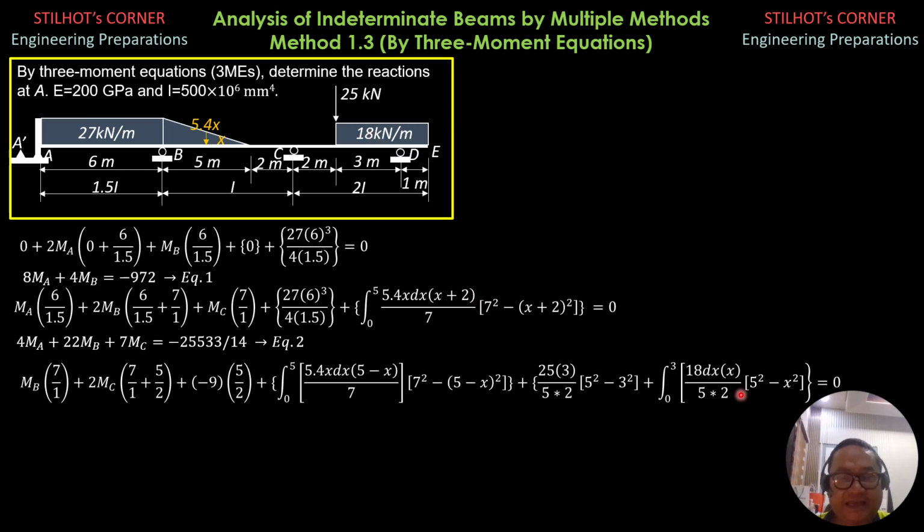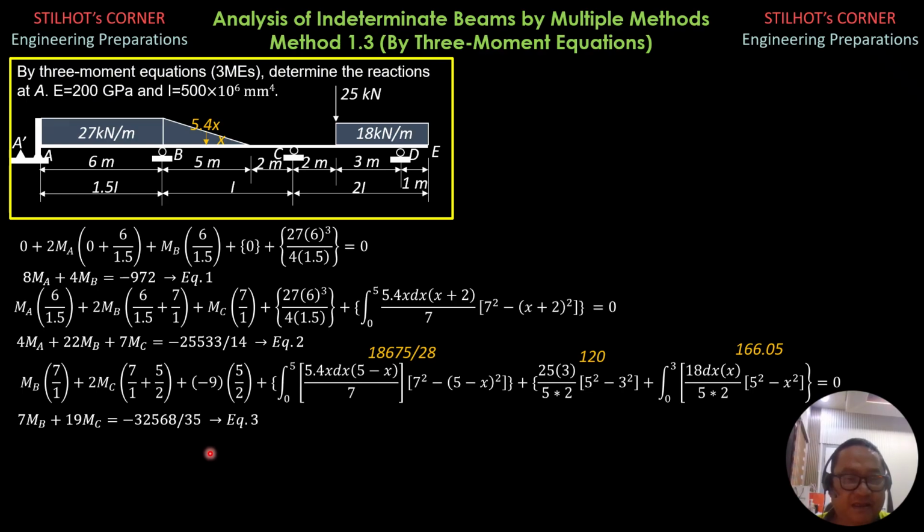Integral of 18 dx, b is x, then divided by L, 5, moment of inertia 2, quantity L square minus b square. So 5 square minus x square, then equals 0, right side. So the value of this integral is 18675 over 28. This one is 120. This one is 166.05. Take note there is another constant here. So simplifying, 7MB plus 19MC equals negative 32568 over 35.